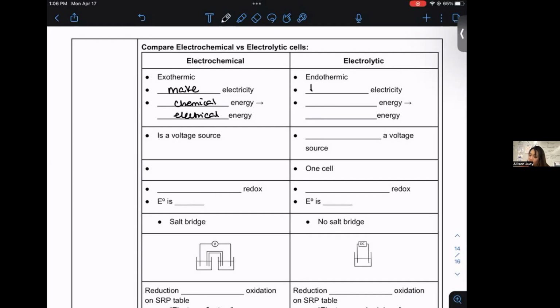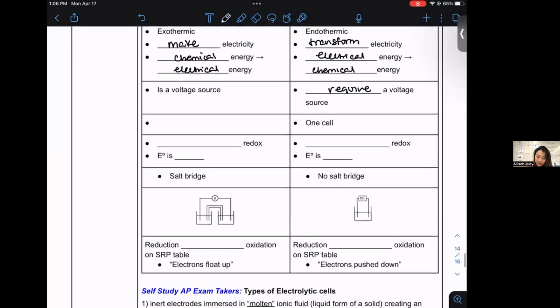They turn electrical energy through your outside source into chemical energy to drive the redox. Electrochemical cells are a source of voltage themselves, and electrolytic cells require a source of voltage. Electrochemical cells are 2 half cells, and electrolytic cells are actually 1 cell. They're just in one kind of zone.